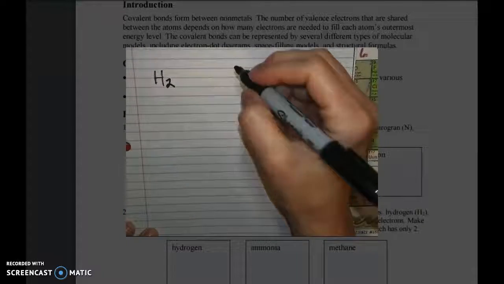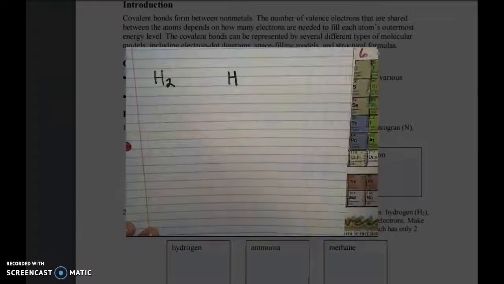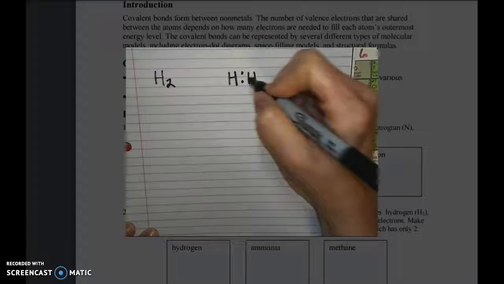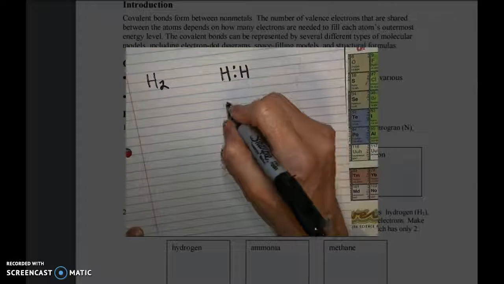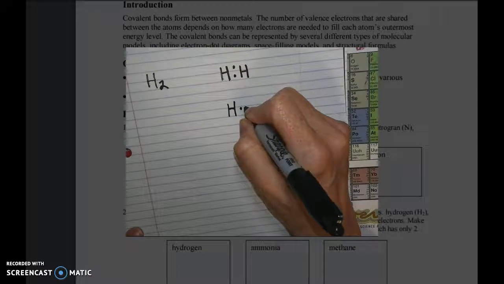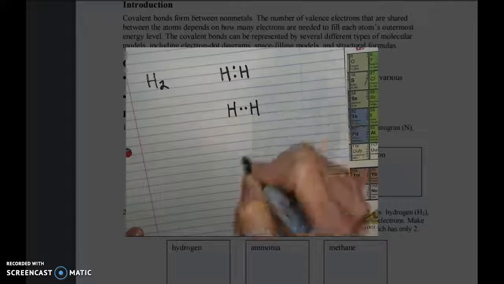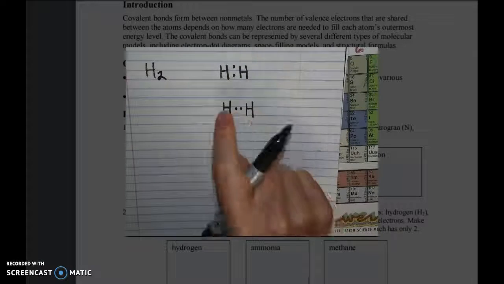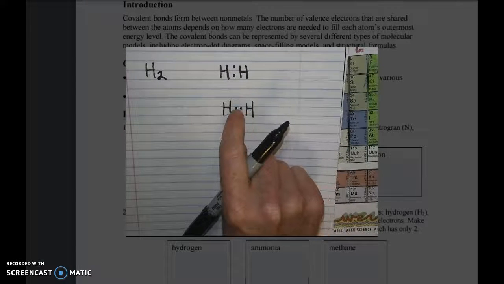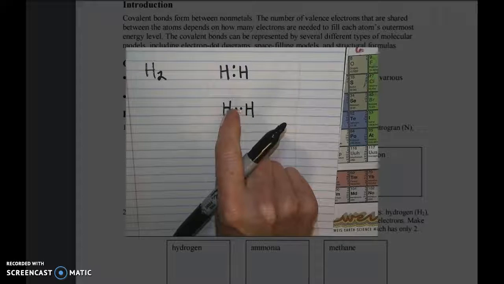So my molecule, hydrogen, is going to look like this. Two hydrogens, each with one valence electron, and they share those. So they're going to be between the hydrogens. Okay? So they're between them. Whenever you see two of any atoms with two dots between them, that indicates a single bond.